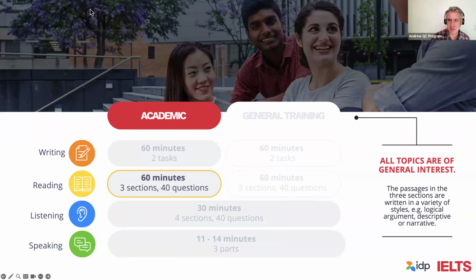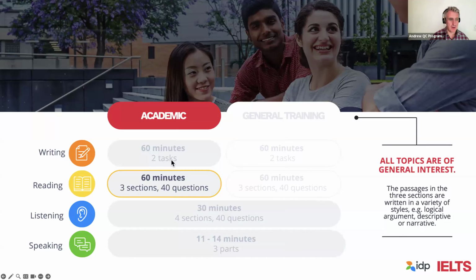In the academic, the passages in the three sections are written in a variety of styles: logical argument, description, or narrative. Now, in the academic, there's between 2,200 to 2,750 words to read.